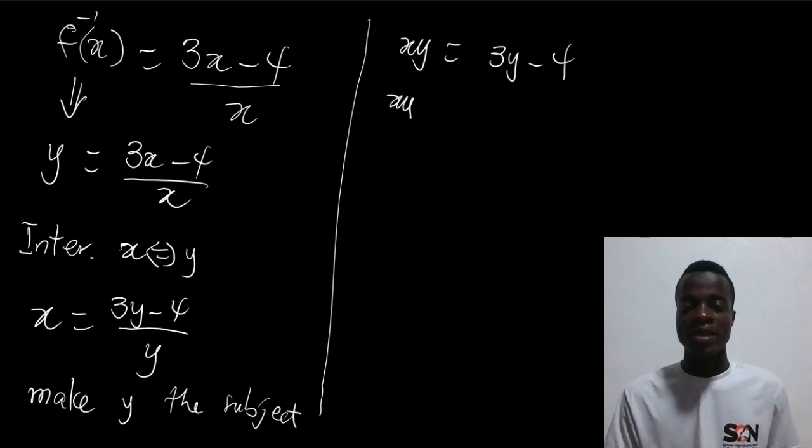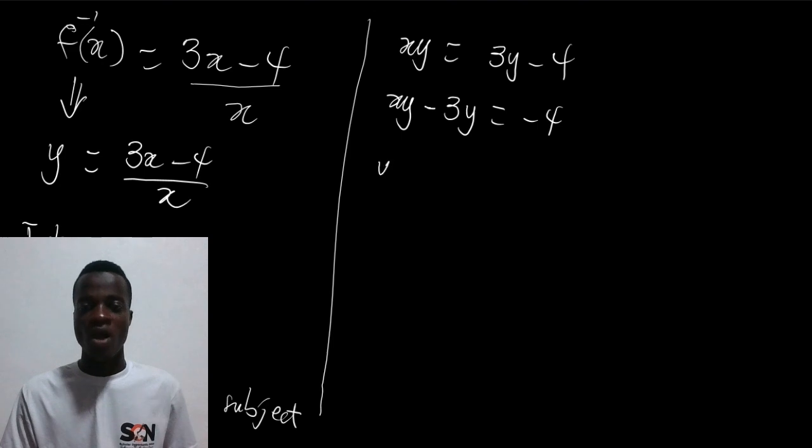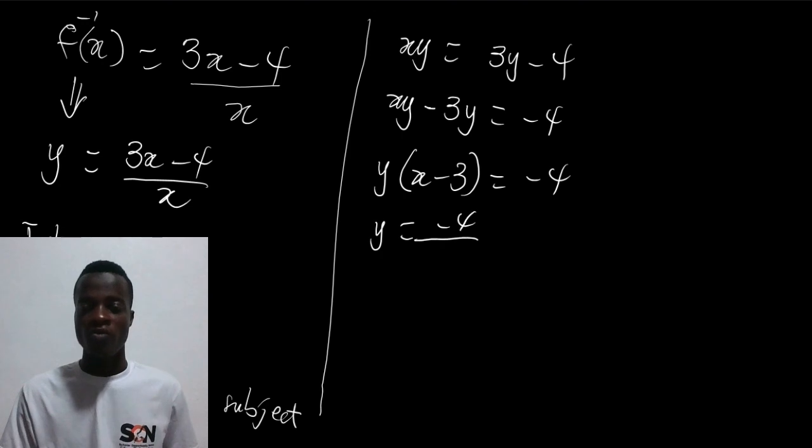So I'll group items that contain y, so the other y will come over and there's -4 here. So I will now make y the subject. I'll factorize y out: y(x - 3) is equal to -4. Then I have y is equal to -4 all over x minus 3, right?